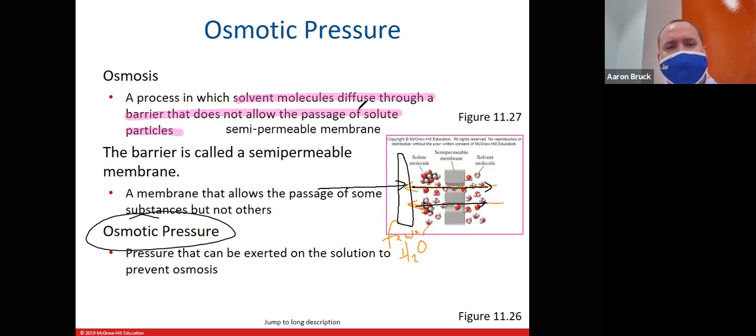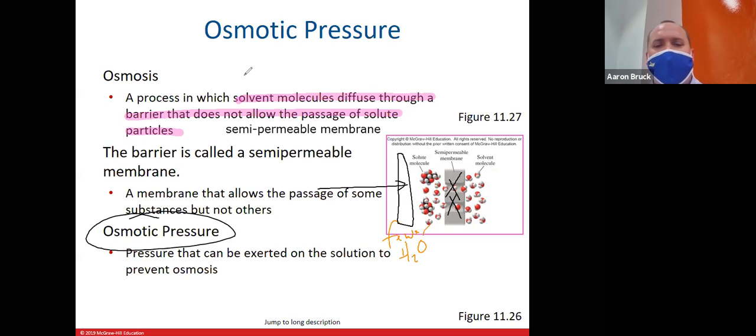So if we exert such a pressure that none of this flow occurs, and everything stays exactly the way that it was, that is called the osmotic pressure of that solution.